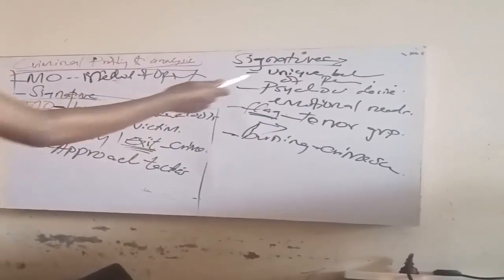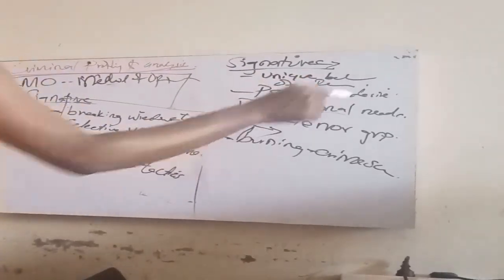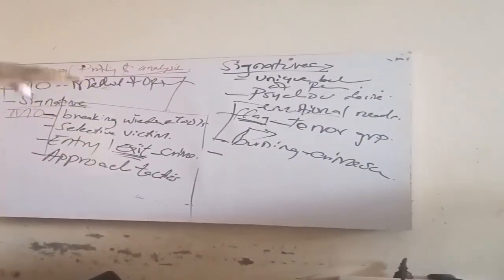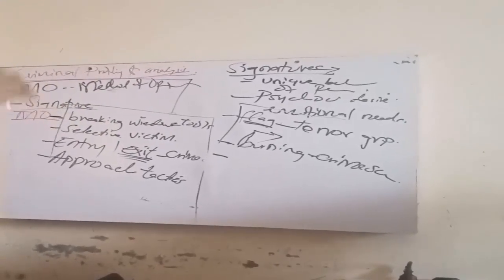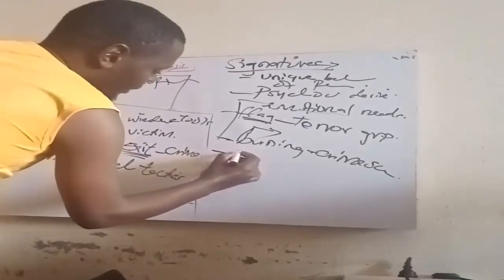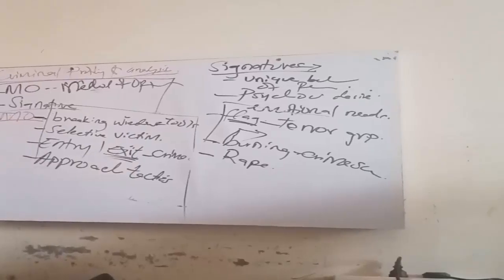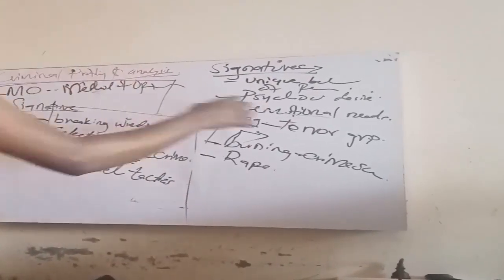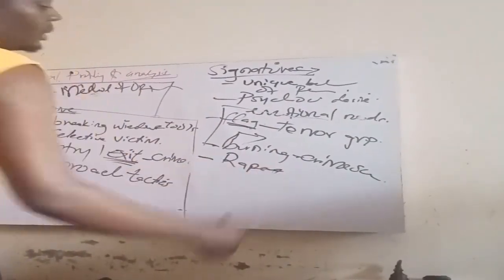So why do they do all these things, signature? To satisfy, another good example: there is a criminal gang that, when it commits a crime, must also commit rape. They have already done the crime, they stole what they wanted to steal, but to satisfy their emotional needs they must commit rape.